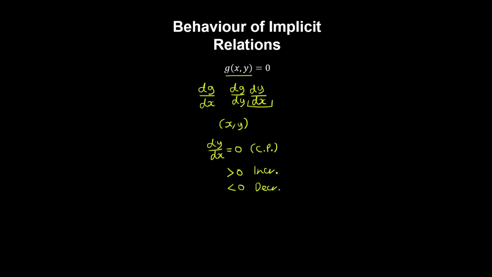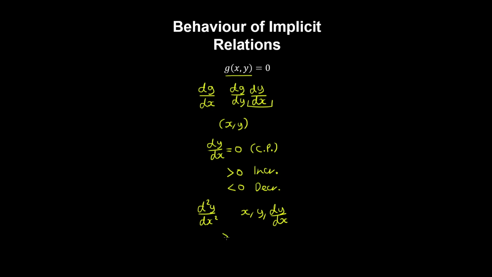And if you differentiate this to obtain a second derivative, as we've seen, this second derivative may depend on x, y, and the first derivative. Similar to the explicit functions that we've been dealing with, this derivative gives us information on concavity.